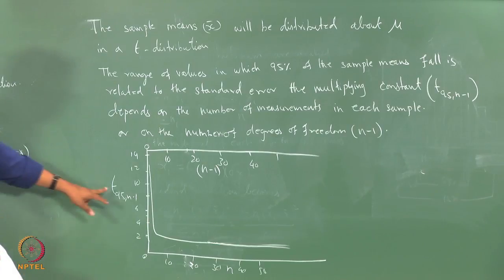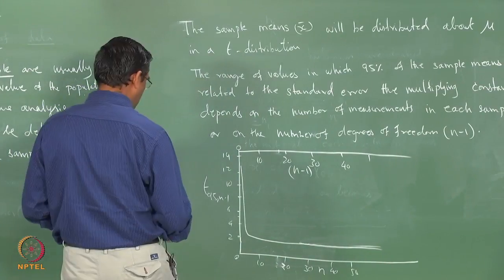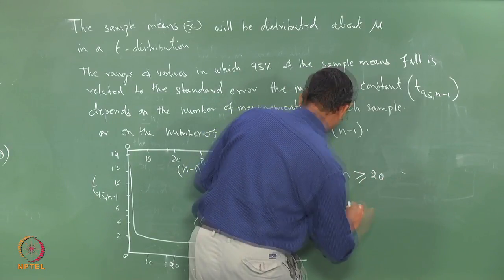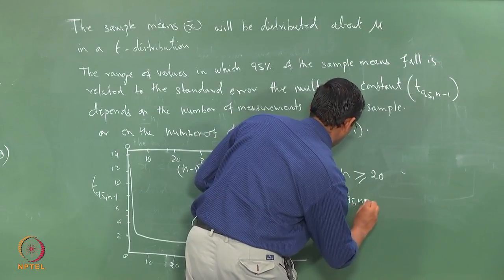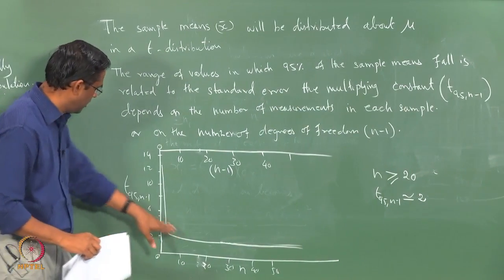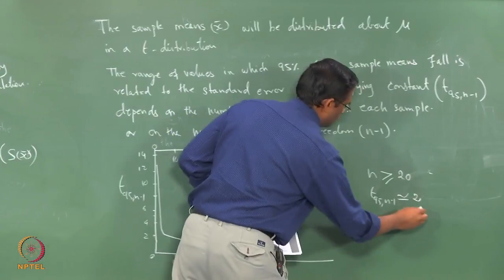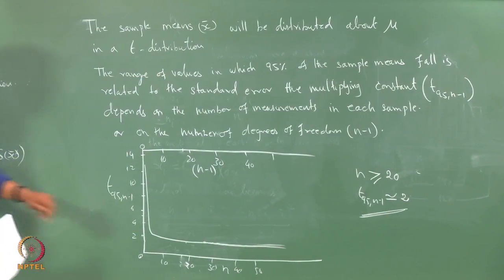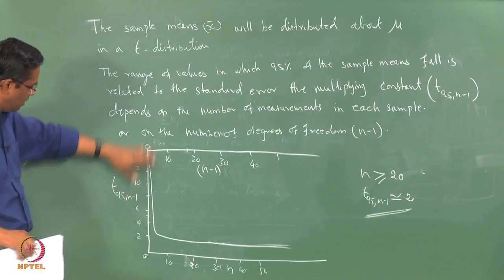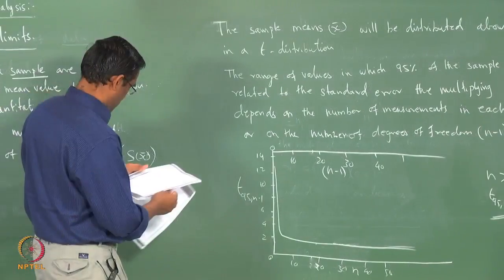So, what you can see is the dependence of T95 n minus 1 on the number of measurements small n. You can see that beyond this 20 number of measurements, it remains almost 2. So, this is what this plot is illustrating: the standard error multiplying constant depending upon the number of measurements you make, that is small n.